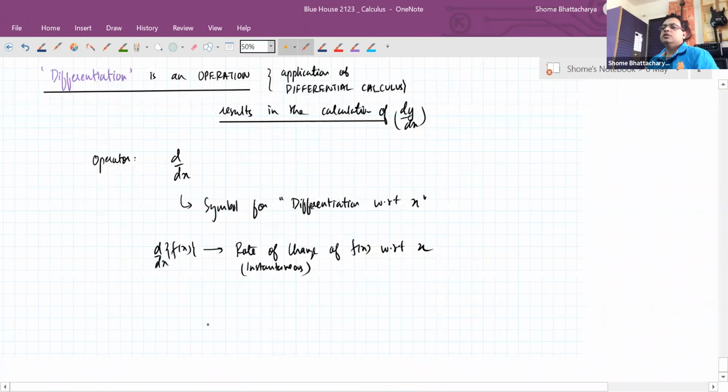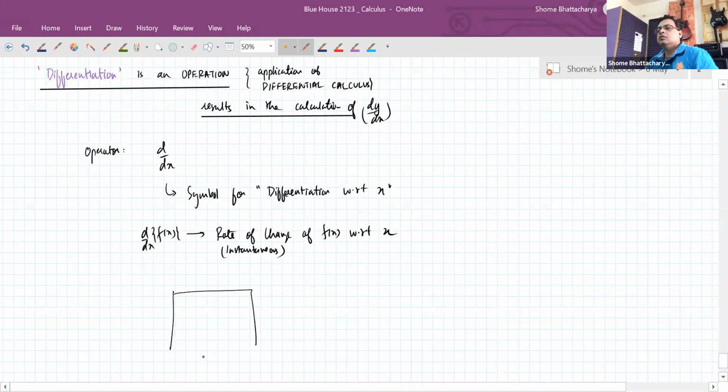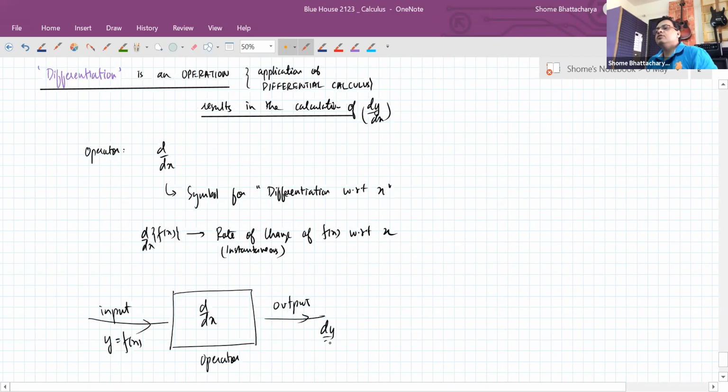We can also visually think of this as an operator which does this operation. So when we input a function y is equal to f(x), the output that this gives us is the instantaneous rate of change of that function. So it is differentiation of that function where the output is the instantaneous rate of change when the quantity we input is a function. Okay.